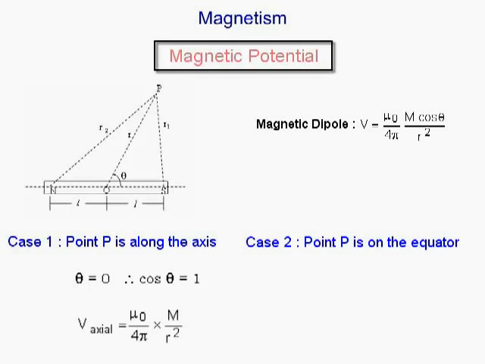If the point P is on the equator of the dipole, then line OP will make angle 90 degree with the axis. Then theta is equal to 90 degree and cos theta will be 0. Hence, magnetic potential at an equatorial point is always 0.